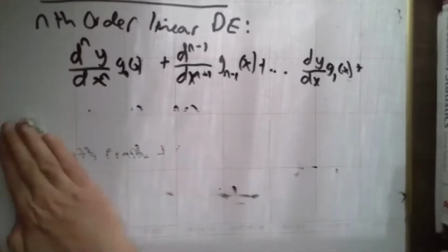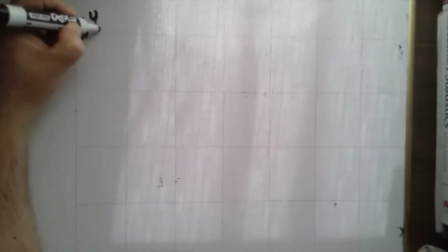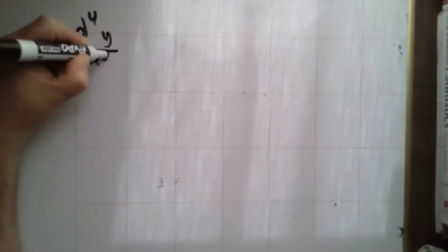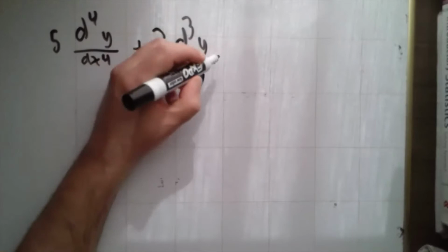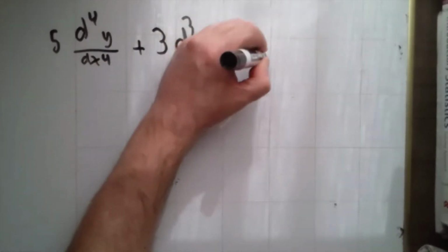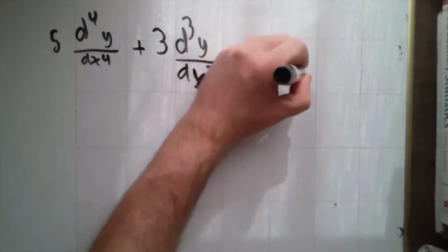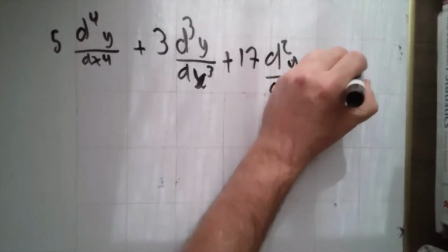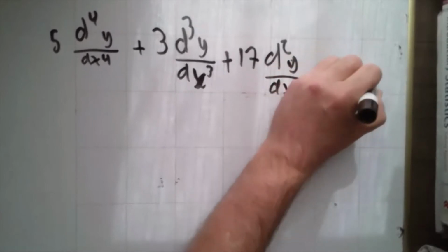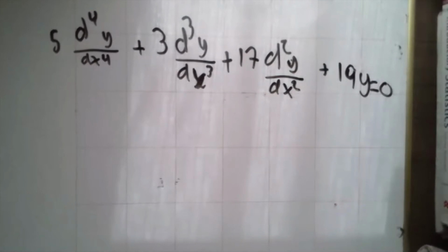Okay, so for example, let's write up one. Let's say we have the 4th derivative of y times 5 plus 3, third derivative, plus 17, the second derivative. Maybe we don't have a first derivative, plus, oh, I don't know, 19y equals 0. So our coefficient on the first derivative was 0.